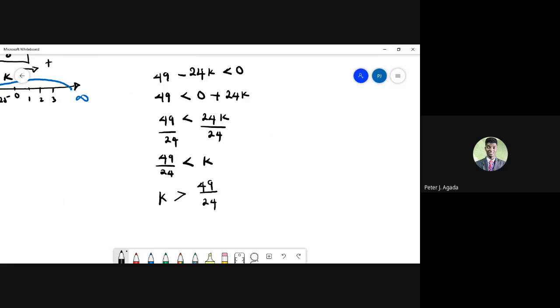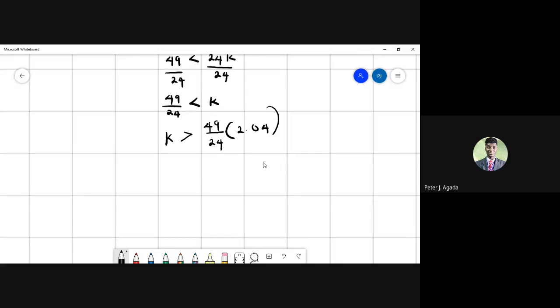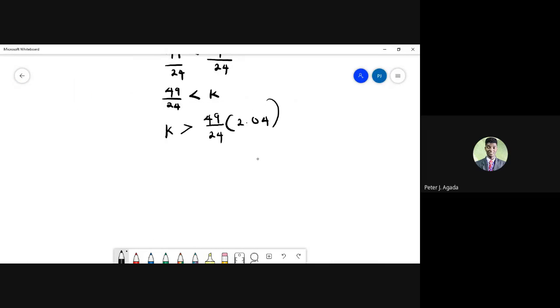Let's see the value in decimals so we can understand what exactly it is. In decimals, we have 2.04, which I'll leave in two decimal places. Let me draw my number line to illustrate what this means.